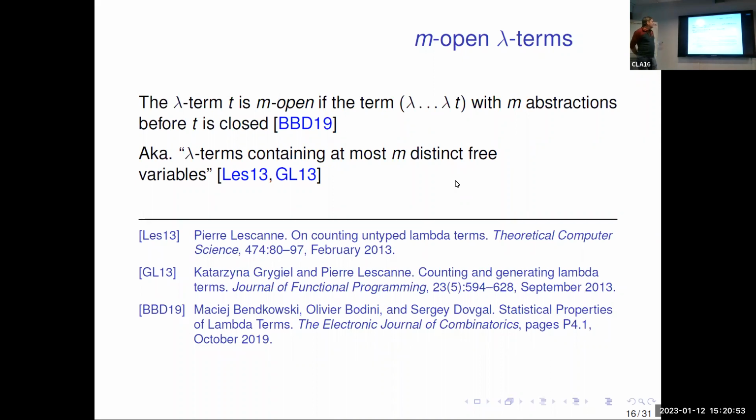The term M open comes from a paper by Bodini et al., which introduces this term in 2019, and it was used before with another name by Pierre Lescanne in 2013. These are lambda terms containing at most n distinct free variables. So M indicates the number of lambdas we're missing just to have something that's closable.